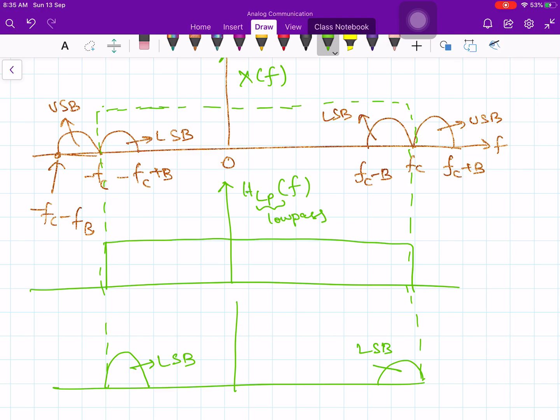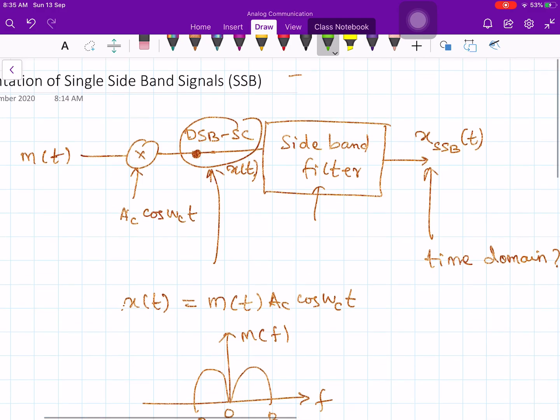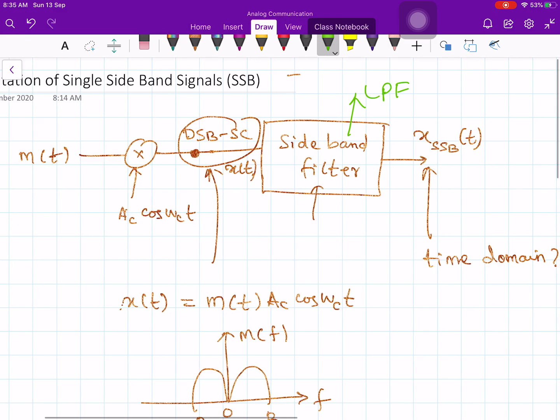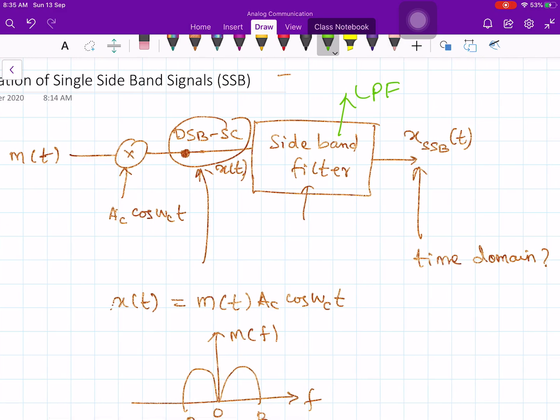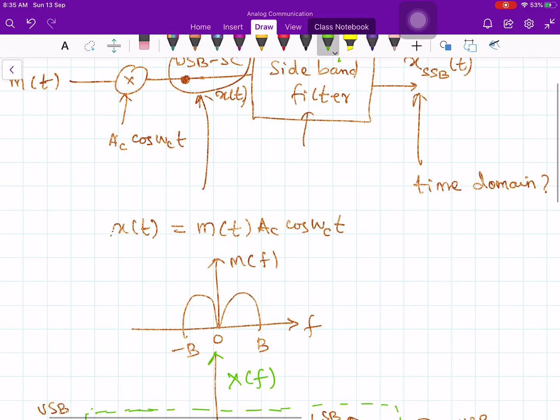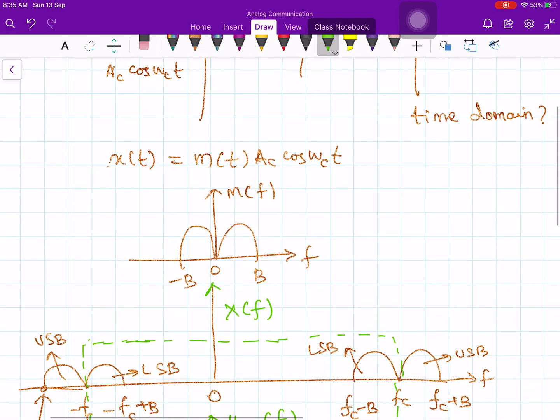Therefore, if you put a low pass filter here, then the lower sideband is retained and the upper sideband is rejected. So, I must multiply the modulated signal spectrum, the DSB modulated spectrum, by the low pass filter.